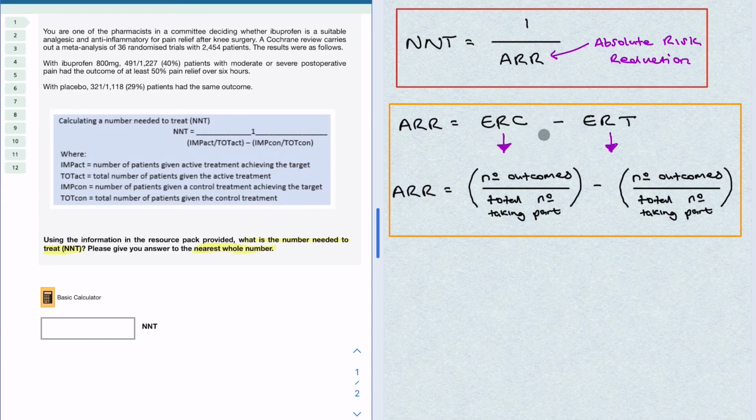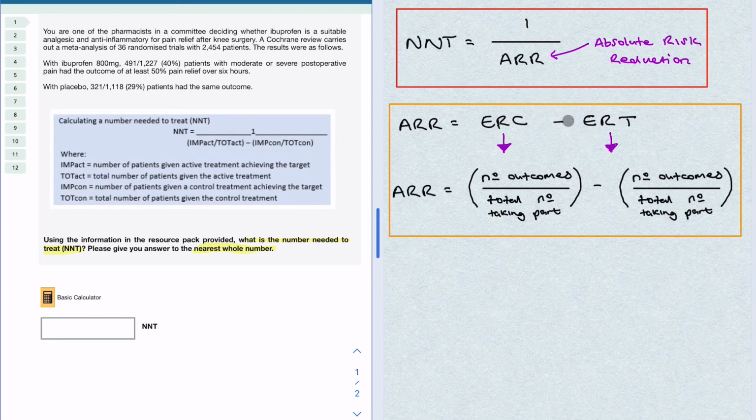So the second stage of the process is talking about what is absolute risk reduction and how do we calculate this. So absolute risk reduction, which is the bottom half of this fraction over here, 1 divided by absolute risk reduction. So absolute risk reduction equals the event rate in the control group minus the event rate in the treatment group. Don't worry too much about this at the moment.